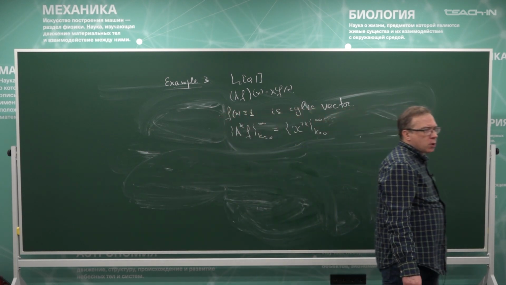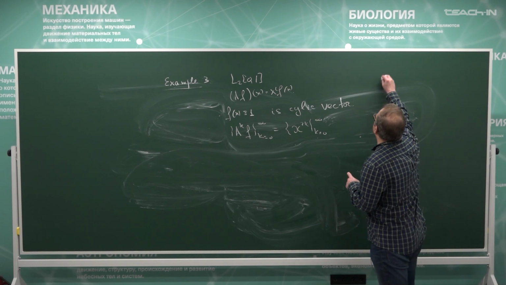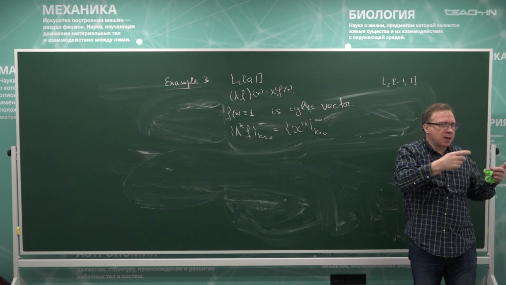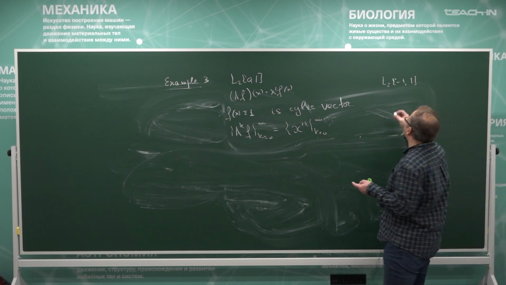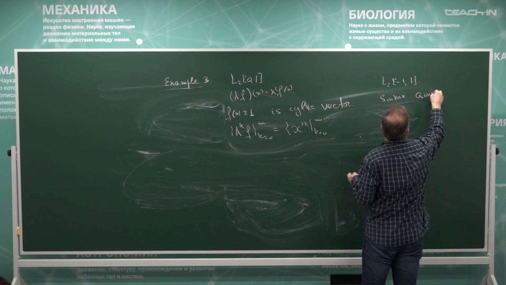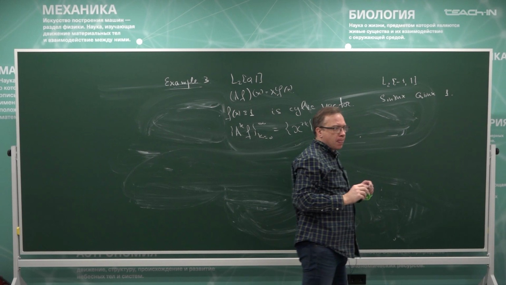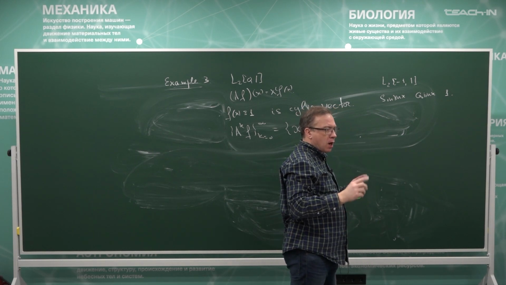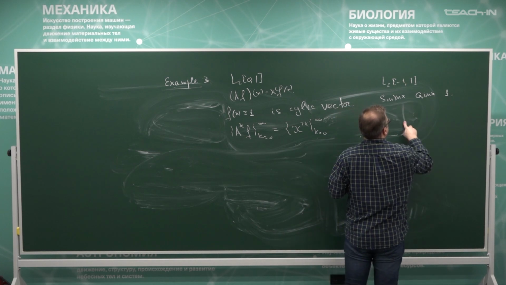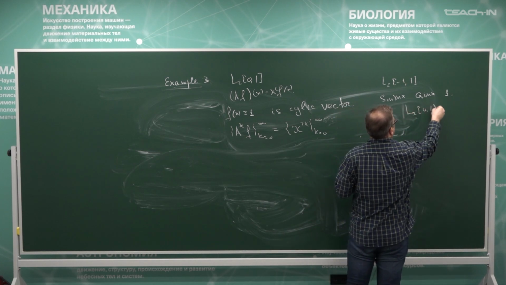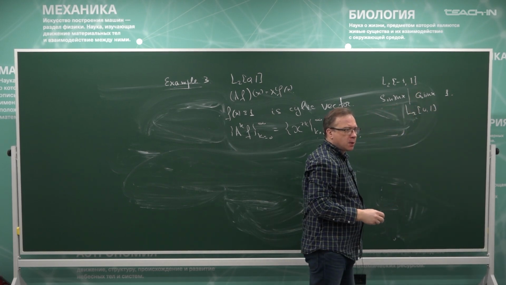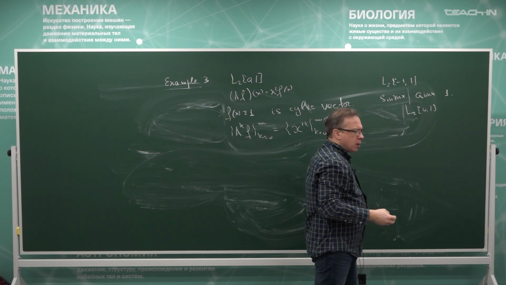For example, you know that in the space L2 on minus 1, 1, we have a basis system: sine and cosine, sine pi n x, cosine pi n x, and 1. But if you have half of an interval, then you can take apart the half of the system. It is a basis. Why?